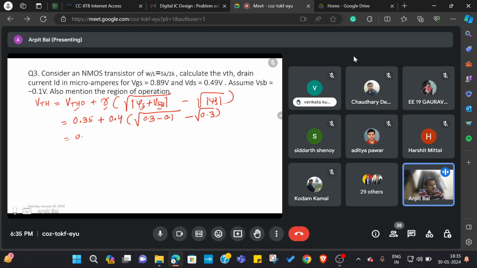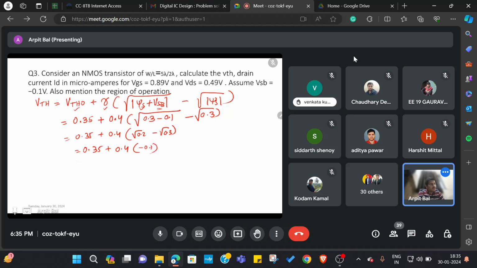So we will have 0.35 plus 0.4 into square root of 0.2 minus square root of 0.3. That is roughly 0.4 into, just a minute, square root of 0.2 minus square root of 0.3, which is around minus 0.1.